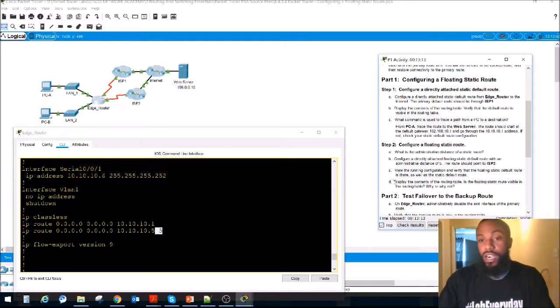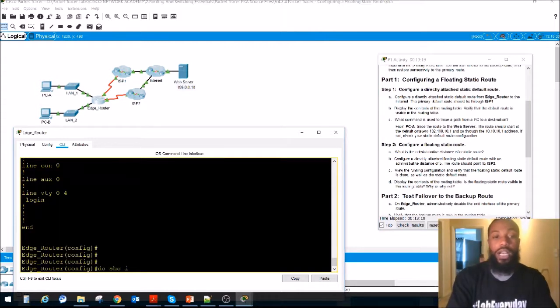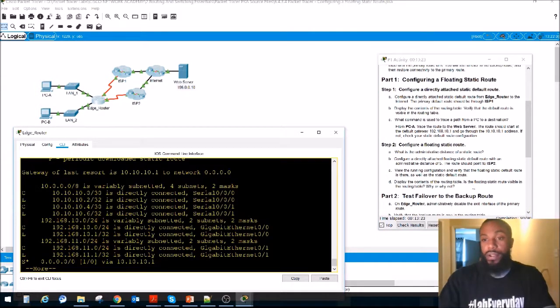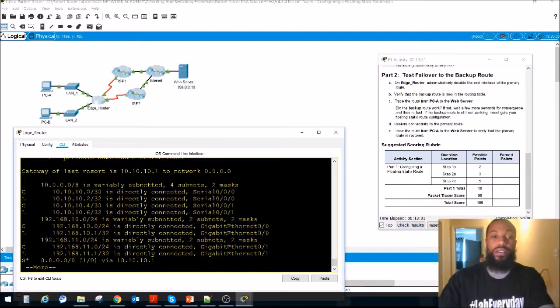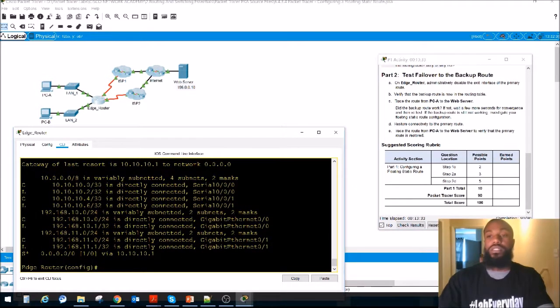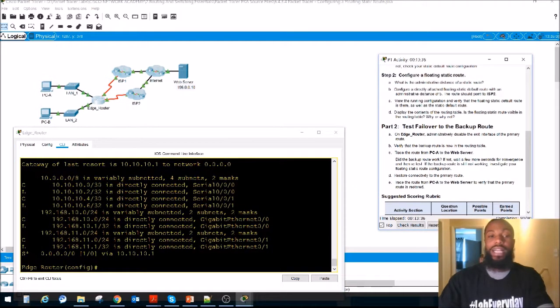Okay. Display the contents of the routing table. Now they want us to show ip route. What do they want to know here? Is the floating static route visible in the routing table? Why or why not? What do we say our floating static route is? Quad 0, take ISP2, right? Which was 10.10.10.5.